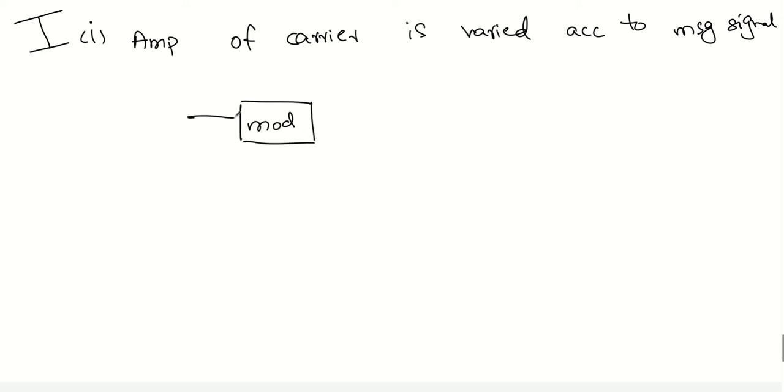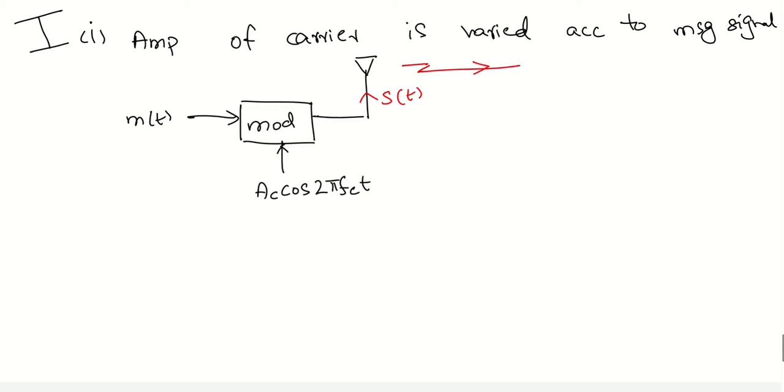One input to the modulator is our message signal, and another input to the modulator is our high frequency carrier. Let's say it's Ac cos 2 pi fc t, and the output of this modulator is nothing but s of t, which is going to be transmitted into free space.